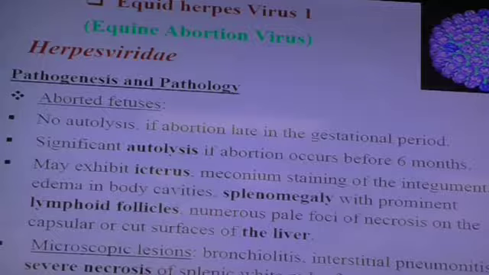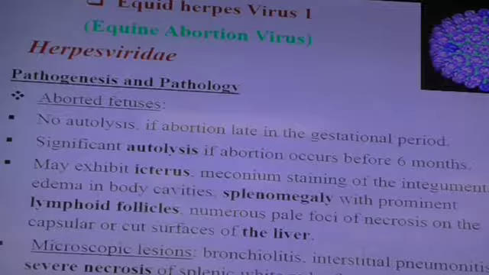What happened to the fetus? This virus causes severe lesions in the fetus. And actually the lesions are spread in many parts of the fetus. If the abortion occurs later in the gestation, then there is no autolysis.